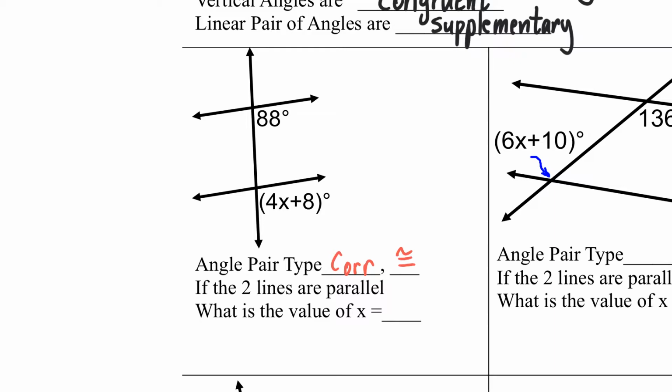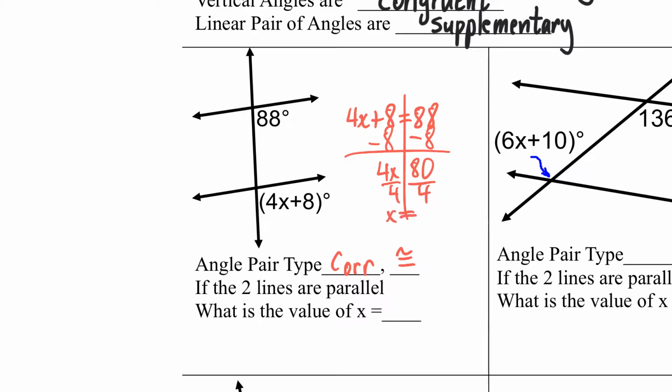How am I going to find the value of x? 88 equals 4x plus 8. Sorry, I already started writing it. Just some simple math here. Take 8 away from both sides. 4x equals 80. Divide by 4, so x is what? x is 20.